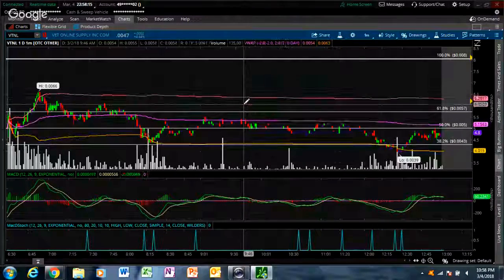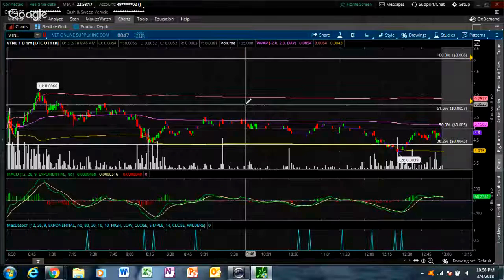Then it divides it by the total amount of shares. So it takes shares times price for every single transaction up to that point, divided by the total shares transacted up to that point. So it basically gives you a weighted average of volume with respect to the price. So that's the equation.